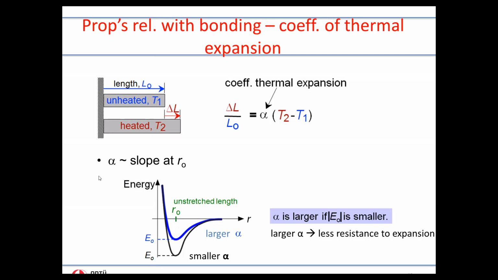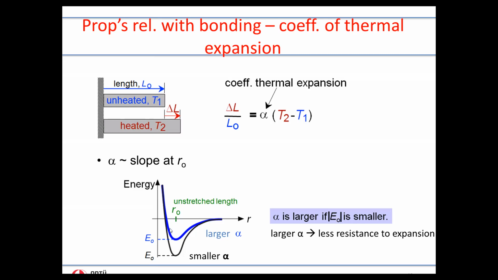or more correctly, you can see in relevant textbooks that alpha is related to the asymmetry of this energy trough. So the more symmetrical it is, the less length change one will observe.